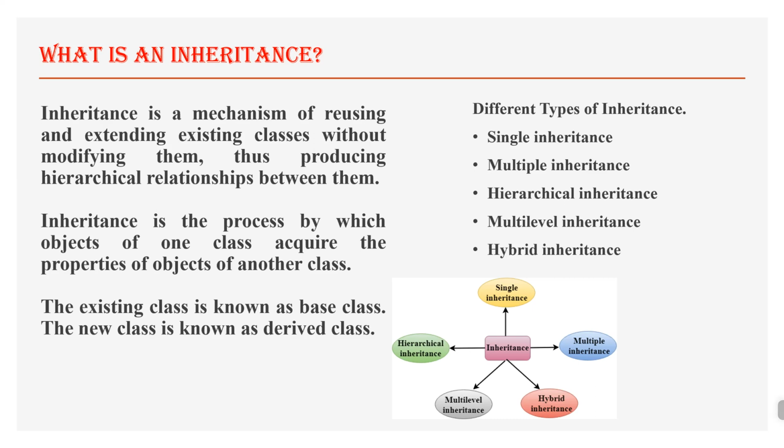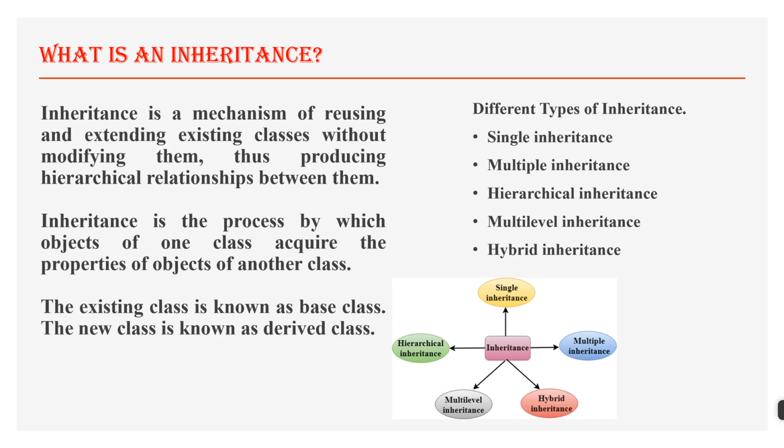So in other words, inheritance is a process by which objects of one class acquire the properties of the objects of another class. Here, an object of one class is acquiring the properties of objects of other classes.